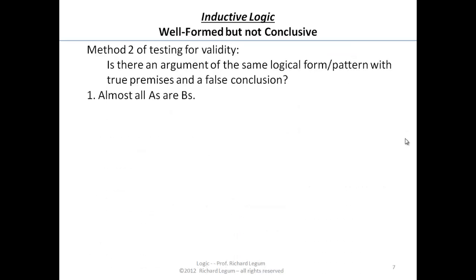And we intuitively went through, looking through the pattern, that is almost all A's are B's, which is different than all A's are B's. X is an A, therefore X is a B. Well, can we fill in that pattern in such a way that the premises are true and the conclusion is false? Well, think about this one.